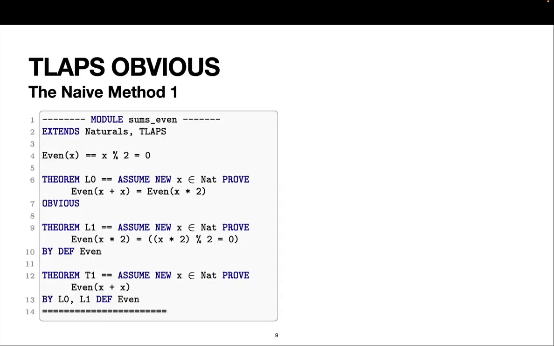So, how can we produce such proofs? Or how can we design such a system? Let me first discuss some naive methods and see why they are not sufficient. The first naive method is to simply use the obvious keyword in TLAPS. The obvious tells TLAPS to try to discharge the obligation automatically without additional information.